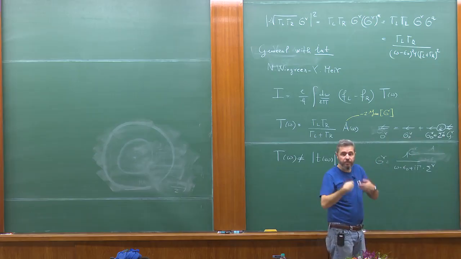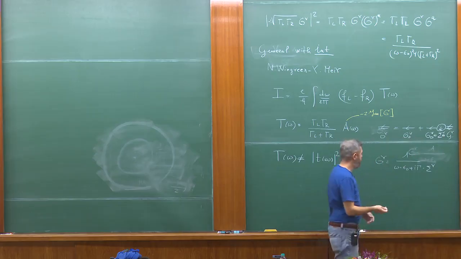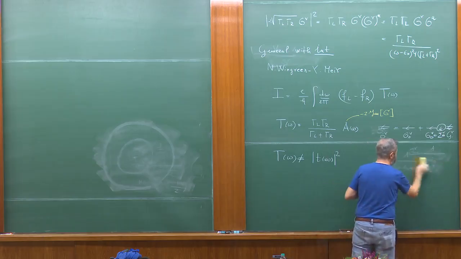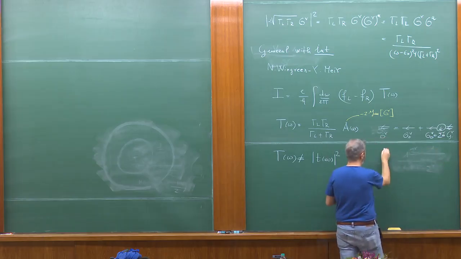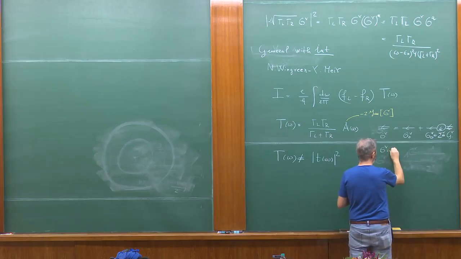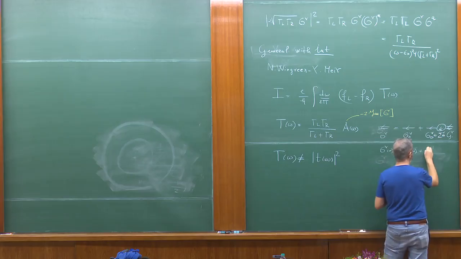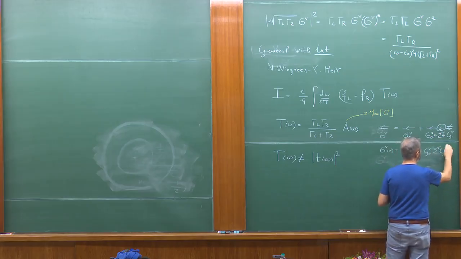Now, if you take a translationally invariant problem, you can Fourier transform and these convolutions become products. G retarded of omega equals G naught retarded of omega plus G naught retarded sigma retarded G retarded.